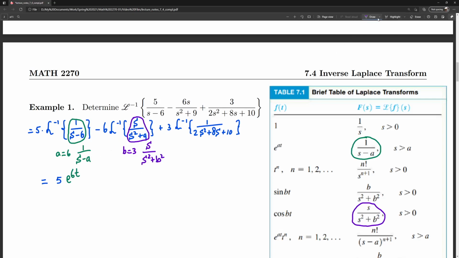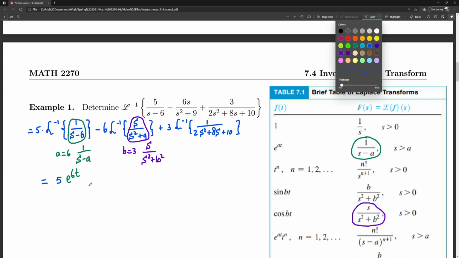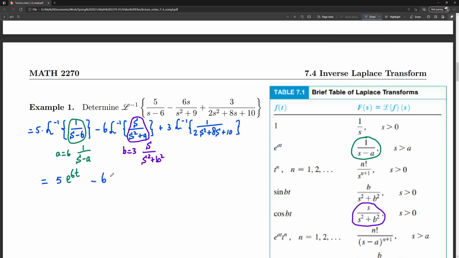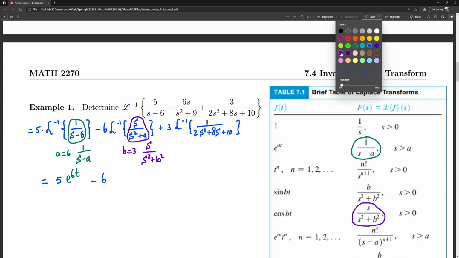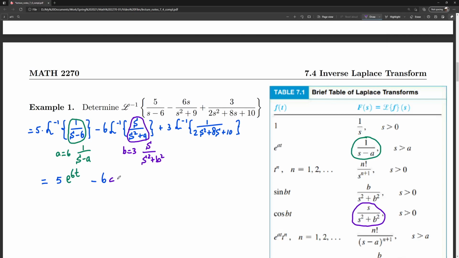And so our second part of our solution is minus 6 times, and that's cosine of bt. So that part is cosine of 3t.